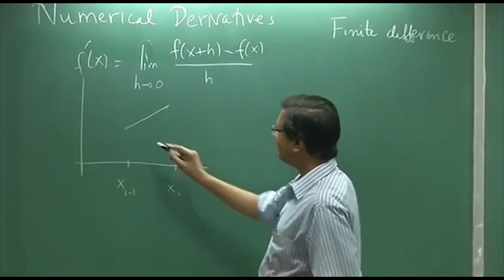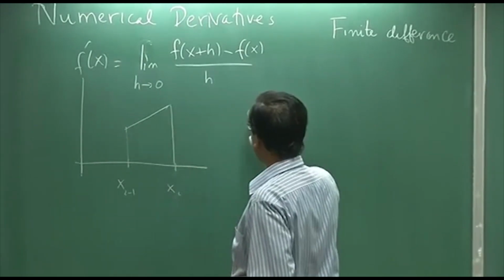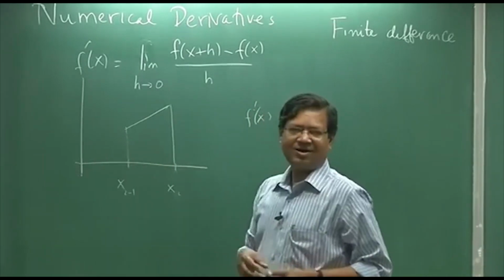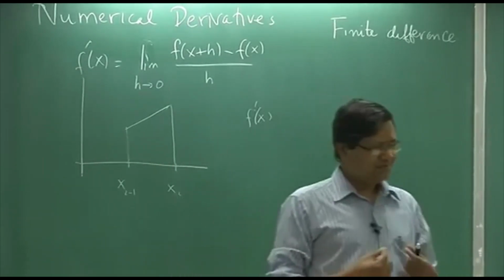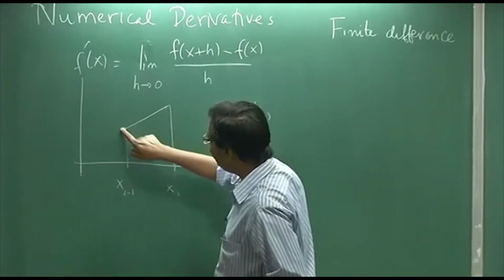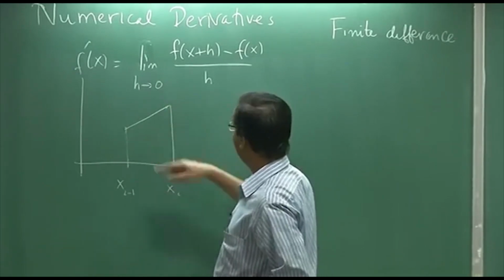For a linear function, since the slope is constant, f prime is the same at any point, but I am interested in the derivative at the given points. So all my calculation will be the derivative here or here, but the derivative is the same everywhere.